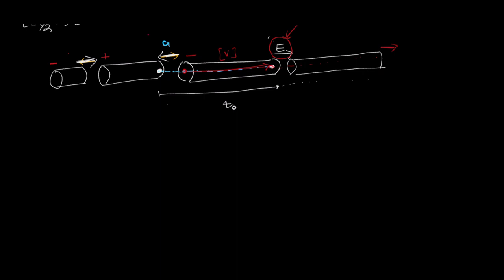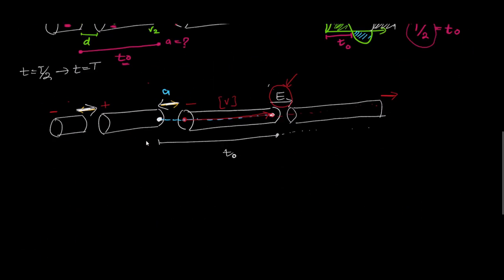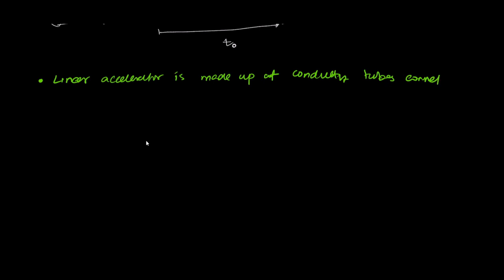So let's make a note of what we discussed up to now. First, the linear accelerator is made up of conducting tubes connected to an alternating voltage source.